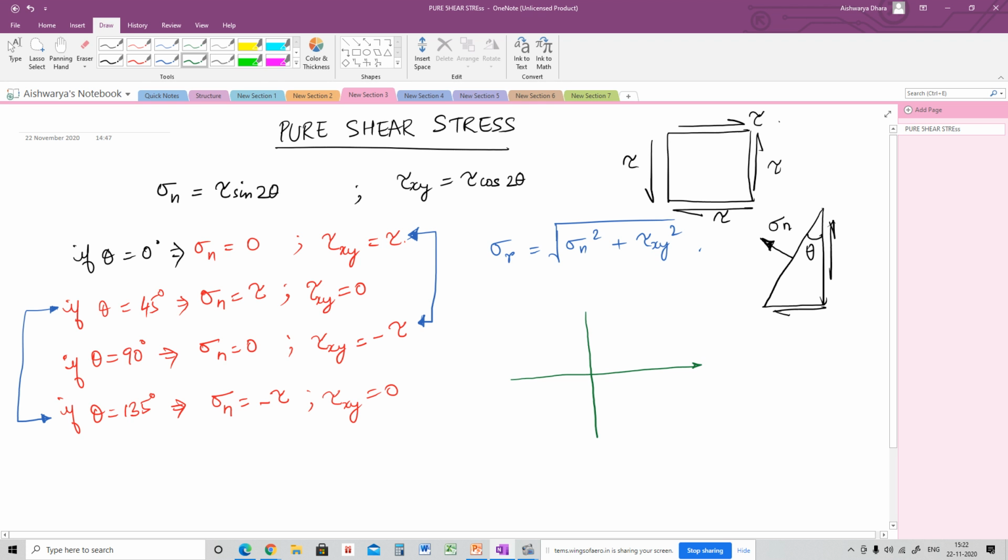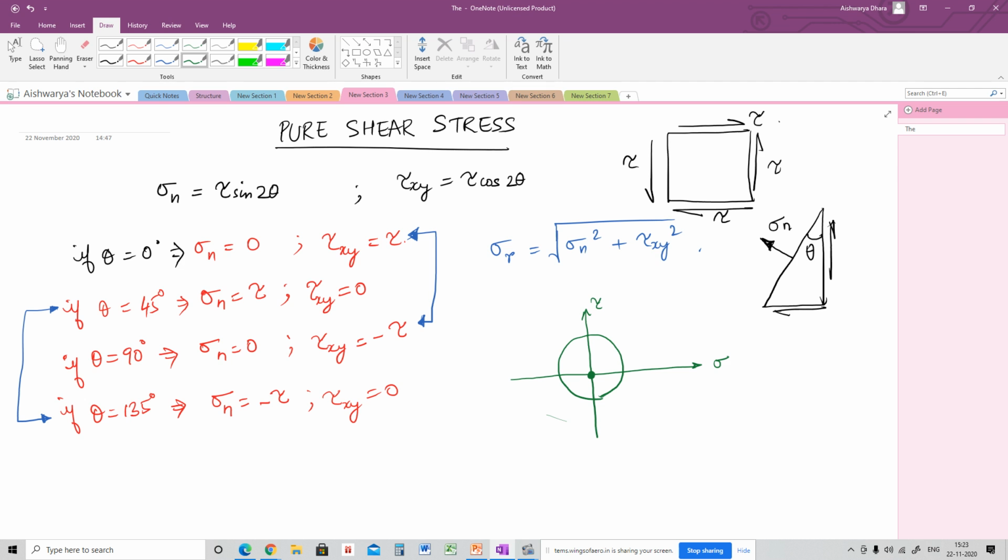If I draw it in sigma and tau axes, the center will always be over here at the origin, and it will be equally distributed across both sides.